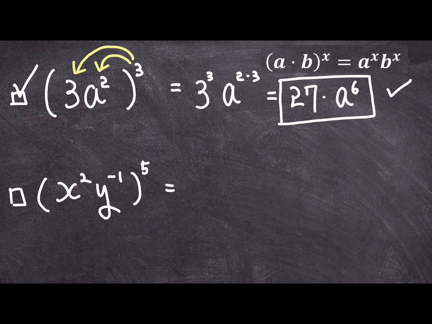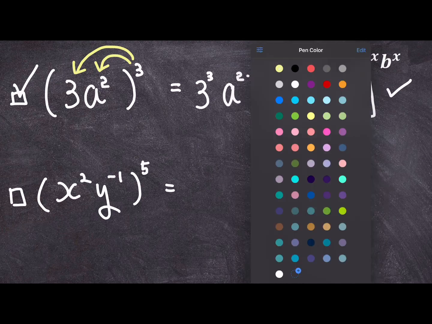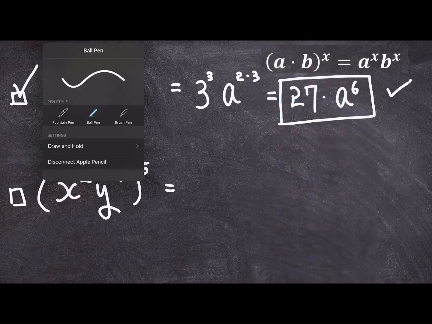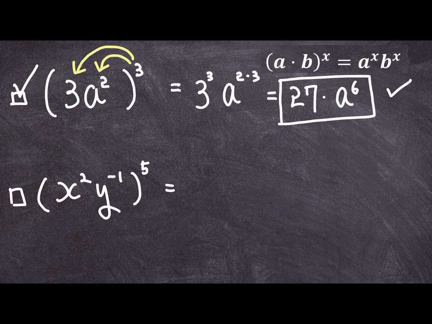Now I have x to the power of 2 times y to the power of negative 1 and everything to the power of 5. Same thing, no brainer. I'm going to make 2 arrows, in fact, like that. And I'm going to distribute the power of 5 to both terms within the parenthesis, x and y.